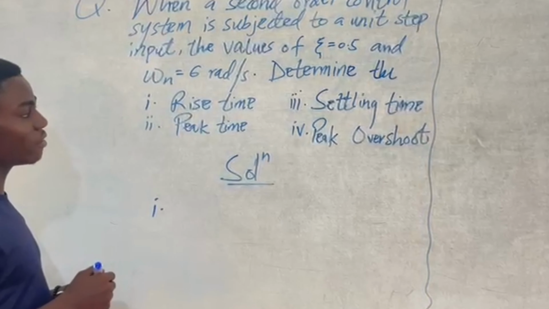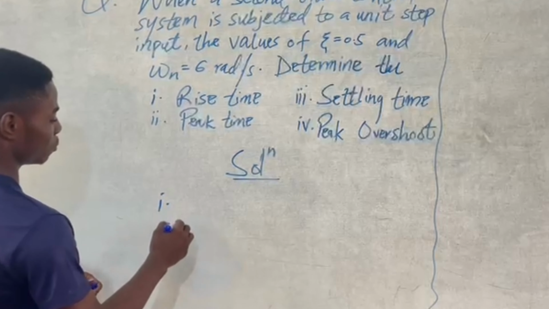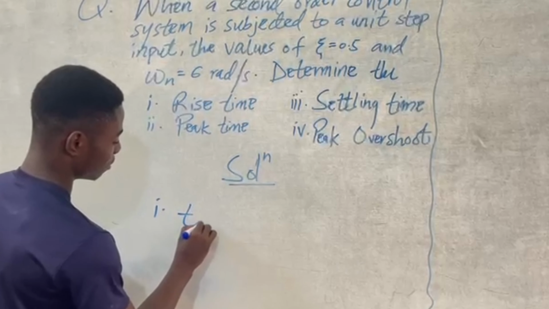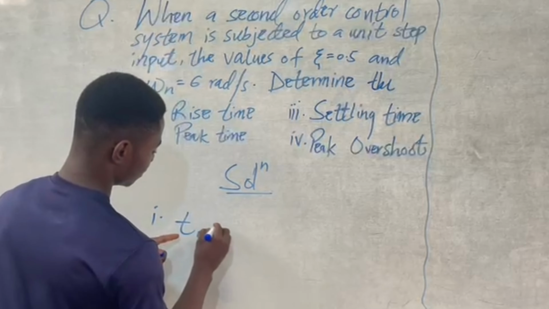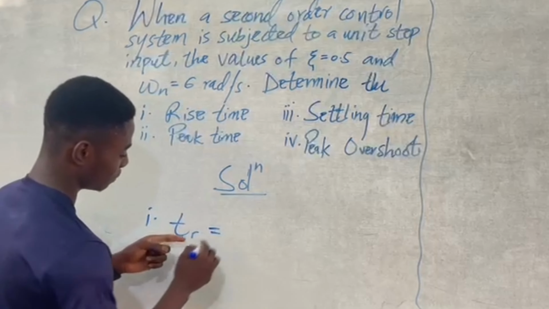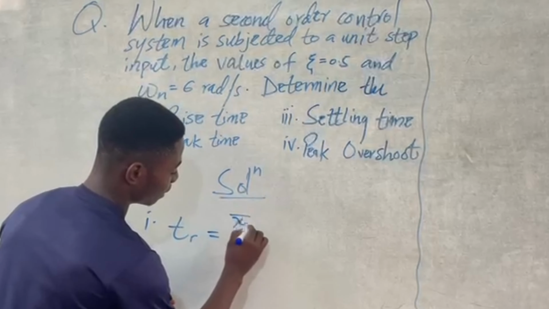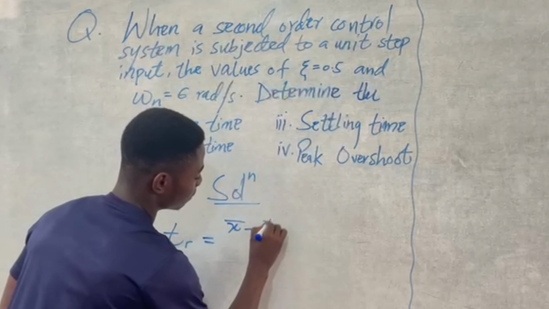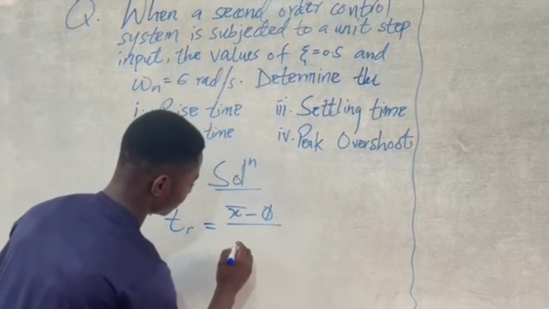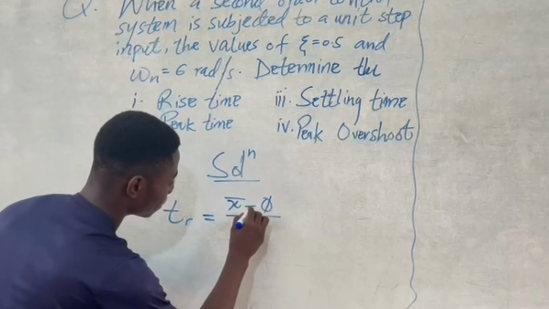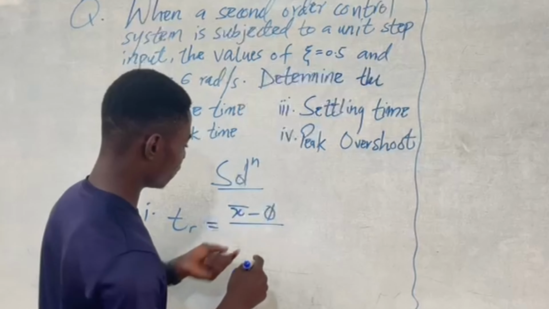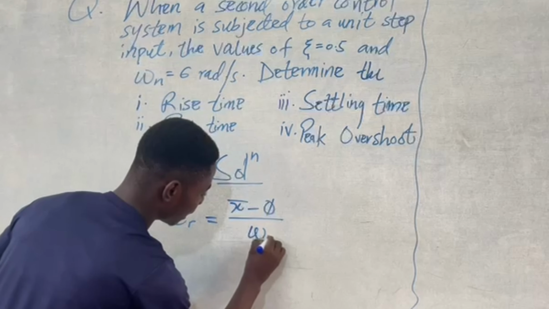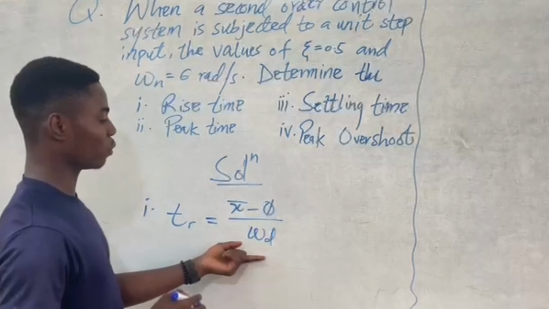In finding the rise time, which is normally represented as T_R, we need 3 key equations. The main equation is T_R equals pi minus phi, divided by omega d, which is the damping frequency.